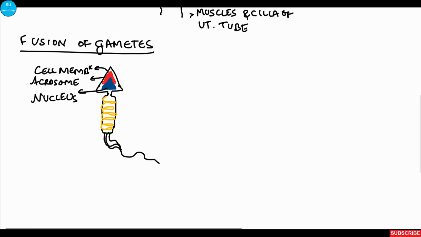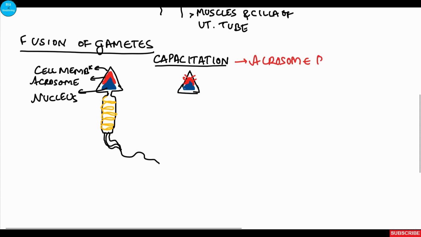Once the sperms enter the female reproductive system, they undergo a final step of maturation called capacitation. After this, a reaction called the acrosomal reaction occurs where the cell membrane and the acrosomal membrane fuse with each other and the contents of the acrosome are released onto the surface. It mainly contains enzymes like hyaluronidase.